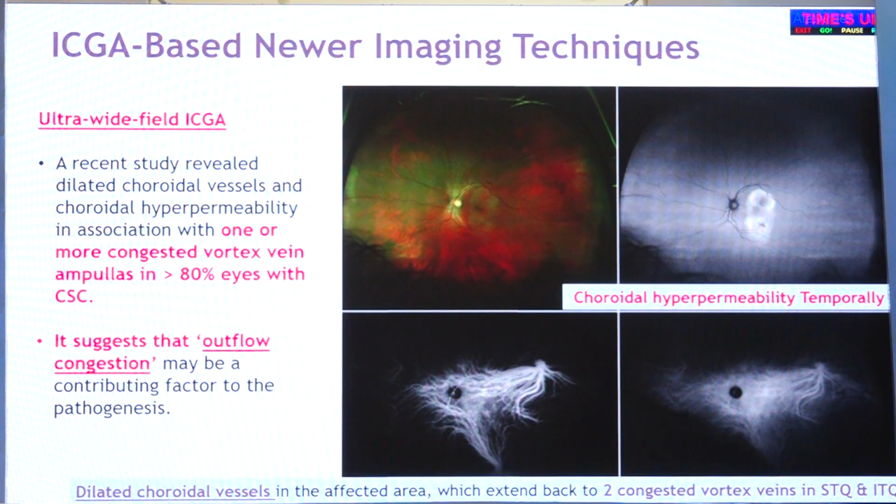So with the newer ICG angiography, it has been seen that in more than 80% of the cases of CSC, you can have the congested vortex vein ampullae corresponding to the quadrant of choroidal vascular hyperpermeability, suggesting that we are looking at CSC as a disease with choroidal venous outflow congestion or abnormality.